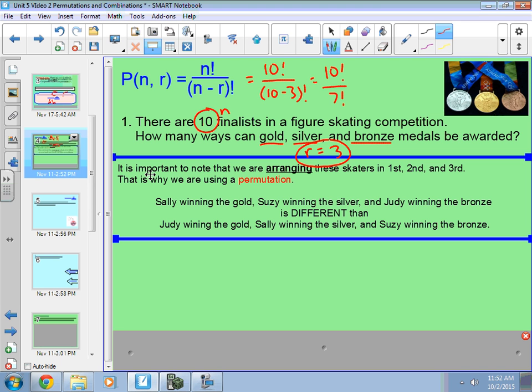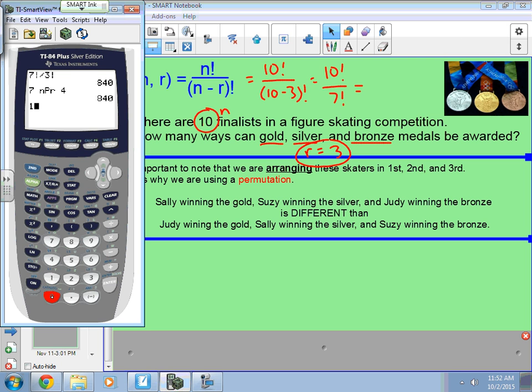So you can enter it like this to get your answer. Do 10 factorial divided by 7 factorial, and you can get it. Show that here. So you can enter it in just like we have it written, and you get the answer that way.